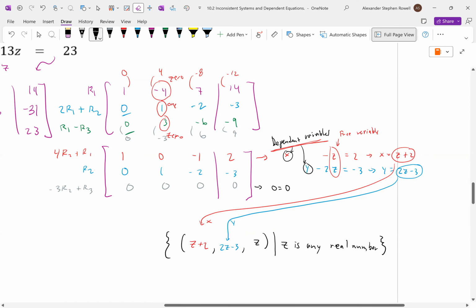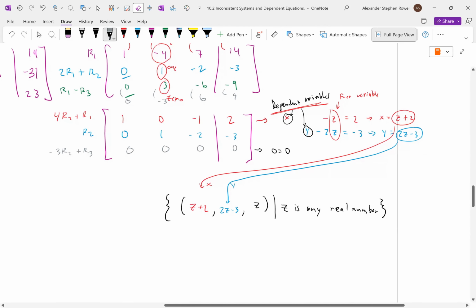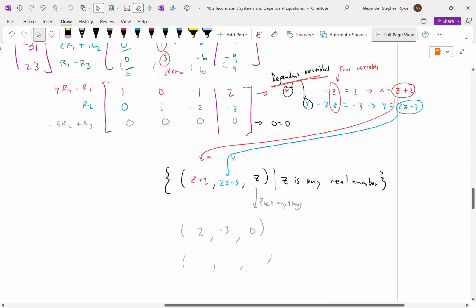Any questions about this? So there's infinitely many solutions. Can anyone give me one of the solutions? Good. If z is 0, we can pick anything. Then we get -3 for y and 2 for x. I think your homework asks you to list 3 solutions. What's another solution? Maybe 1 for z. Then we get 3 for x and -1 for y.